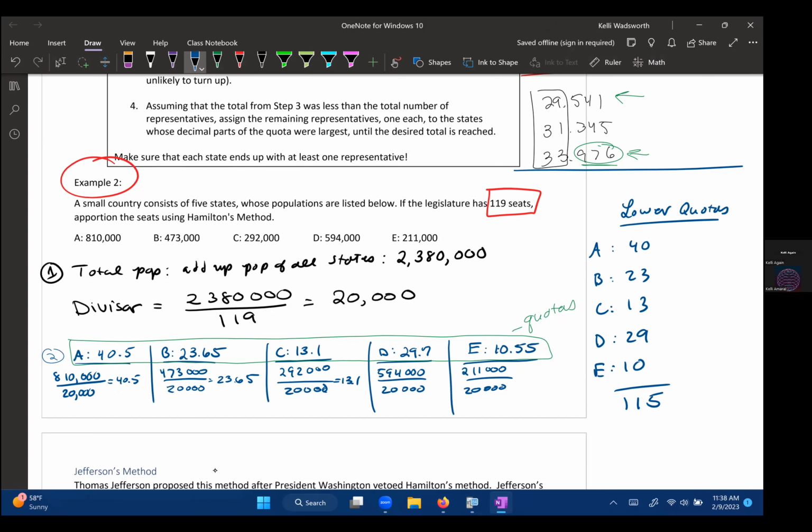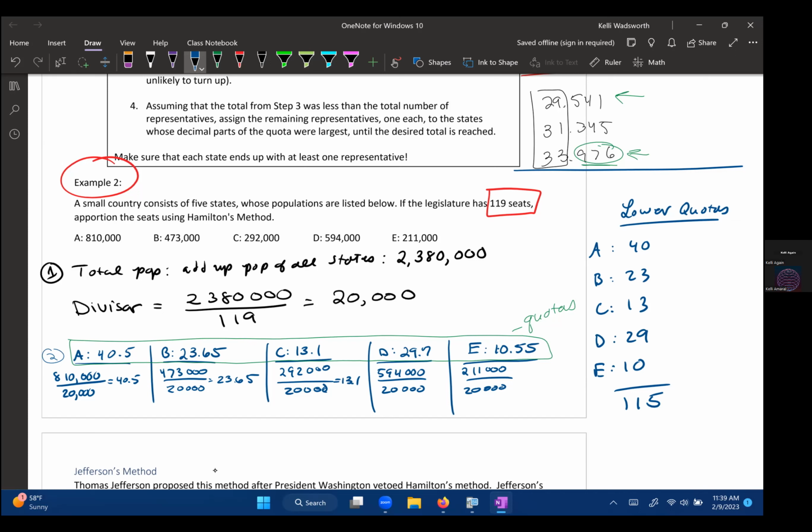All right, so we have 4 seats that we haven't apportioned. Right now A gets 40, B gets 23, C gets 13, D gets 29, and E gets 10, but we have 4 more to give out. So 4 is less than the number of states. So 4 of these states are going to get extra seats, right? Because we have 5 states, but we have 4 to give.